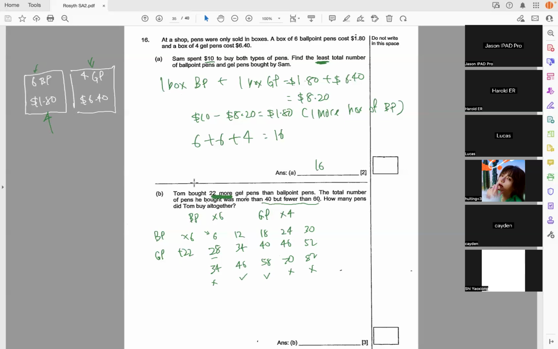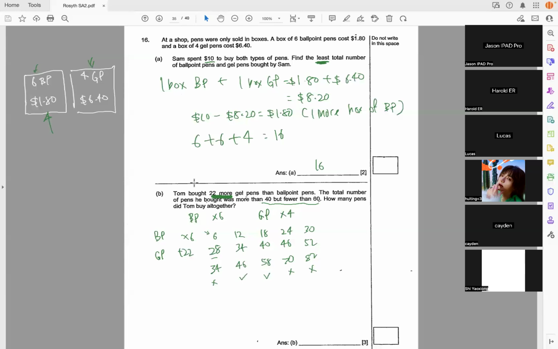Oh, so the answer could be 46 or 58. Let me see whether there is a catch here. More than 40, but fewer than 60. Oh, okay, okay.